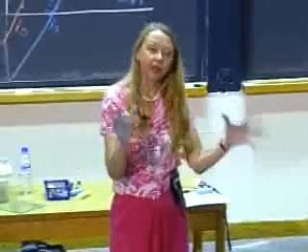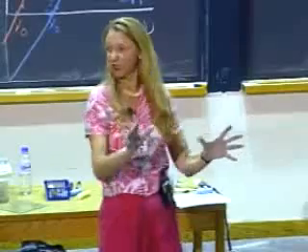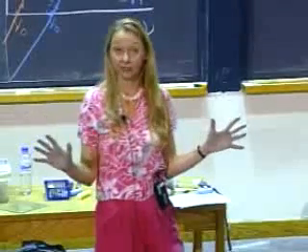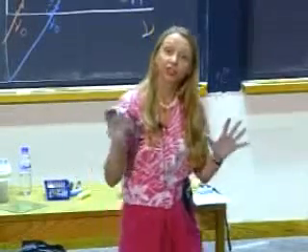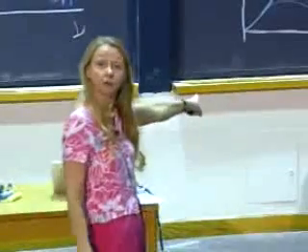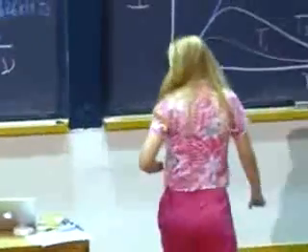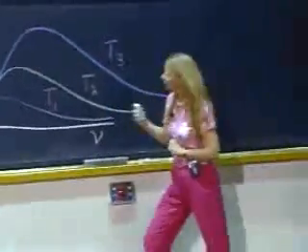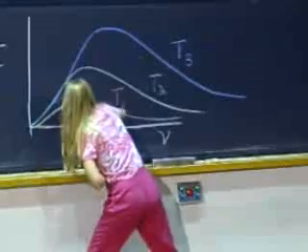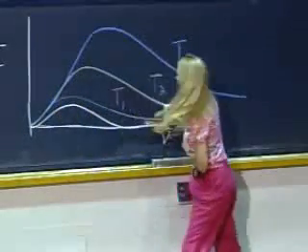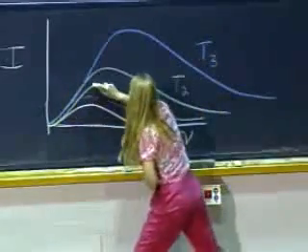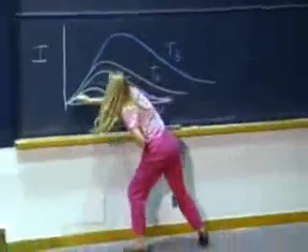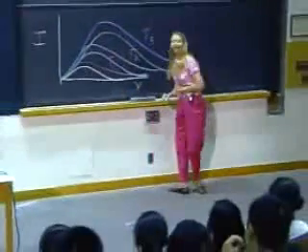And using that idea, plus some statistical mechanics, he was able to calculate the shapes of these curves. For the lowest temperature, he got a curve that looked like this. For T2, he got a curve that looked like this. And for T3, he got a curve that looked like this. He got the shape right.